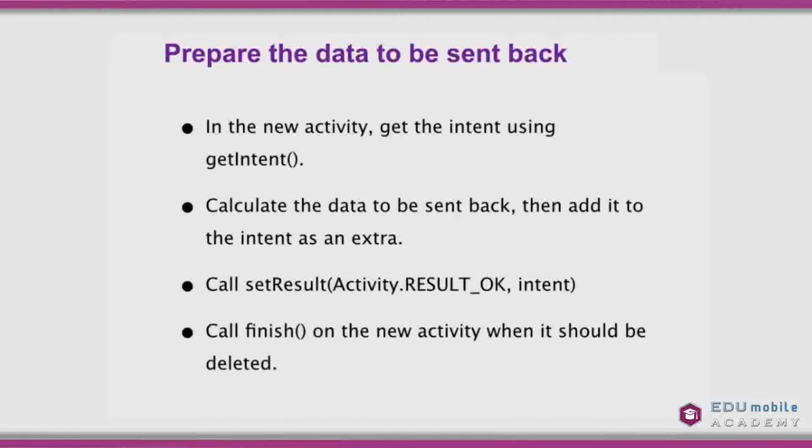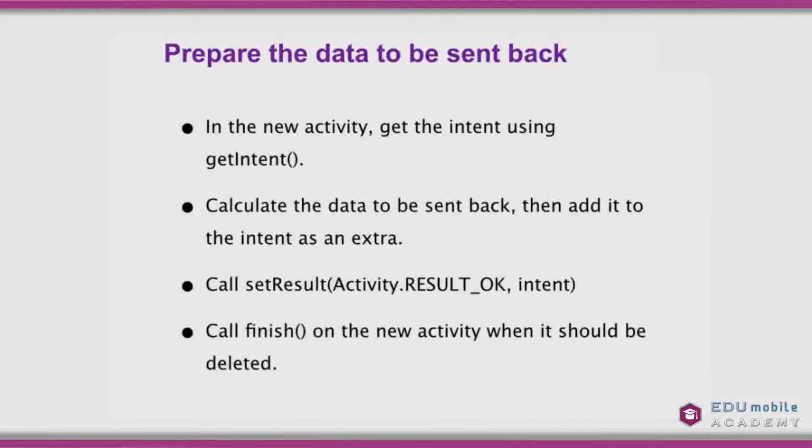Now, to make sure that this second activity is no longer in memory, we call finish, which destroys the activity. So when we're done and we're ready to dismiss this activity, we call finish, and it'll be deleted. So now we've got an intent sitting out there that was generated by the first activity, had an extra put into it by the second activity.